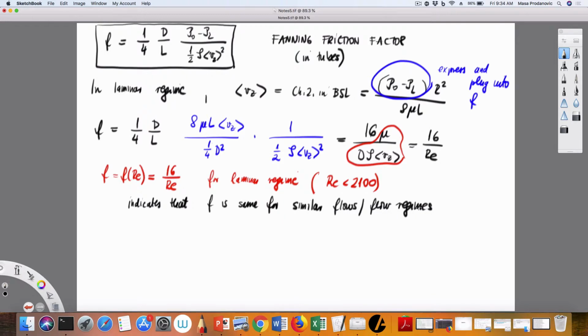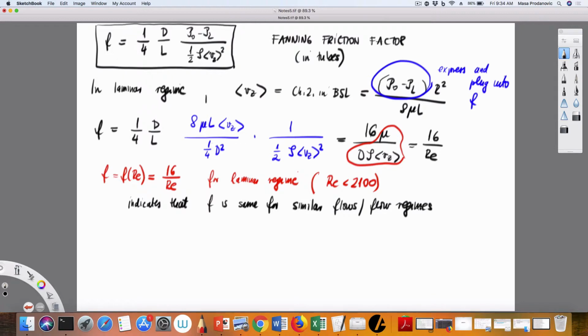Now, we're not going to do the derivation for the turbulent flow. What can go into analysis of the turbulent flow? But basically, what's done is that experiments are done. I can measure friction factors for experiments based on that Fanning friction factor, right?